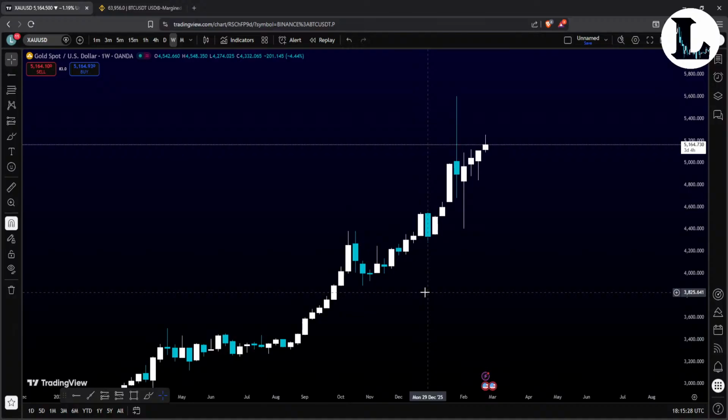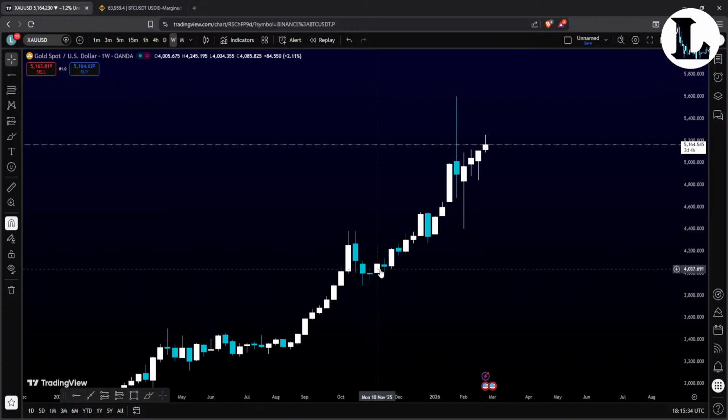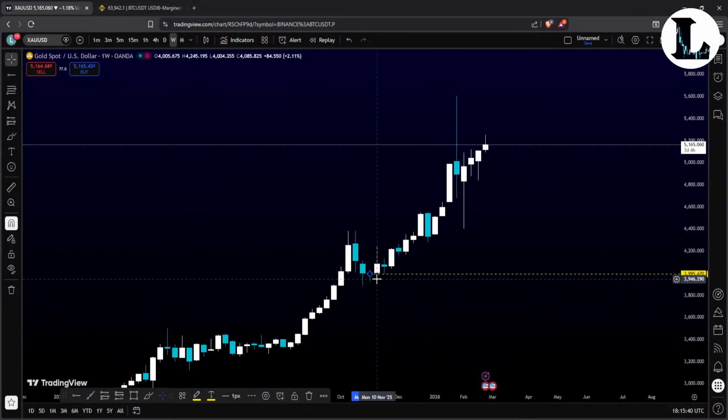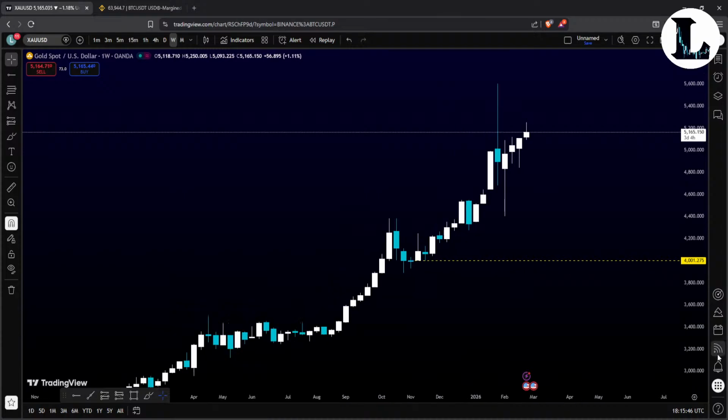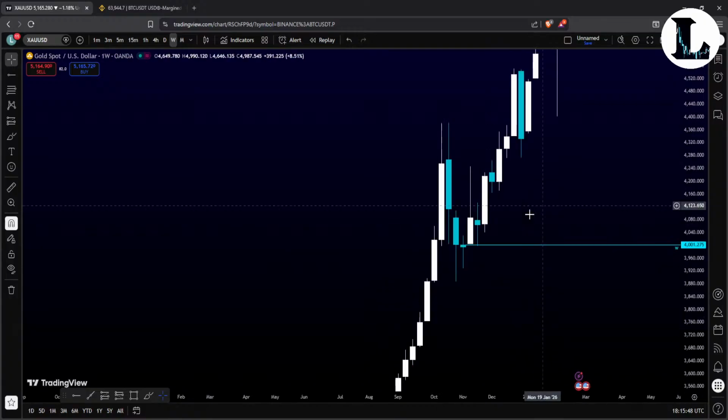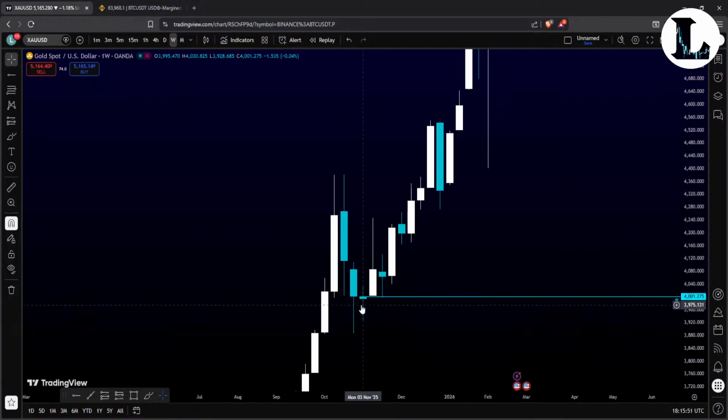It doesn't need to be followed by two blues or, on the bottom, by two whites. You can see the price goes almost perfectly to the body of this weekly, and it just adds a big reaction.